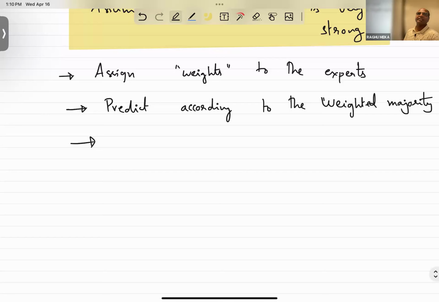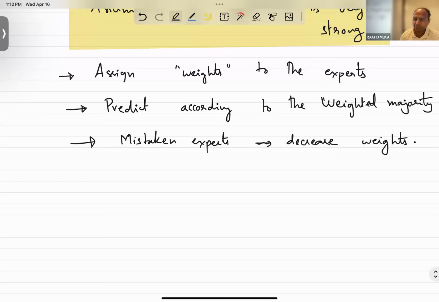So at the end of each day, we had to go back and revise our evaluations of these experts, okay? The intuitive thing is that for mistaken experts, we have to decrease weights. If an expert made a mistake on that day, I want to decrease their weight.